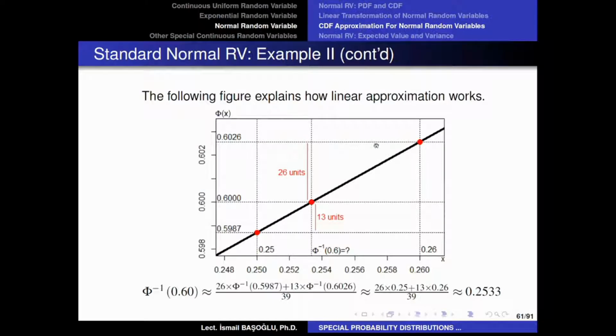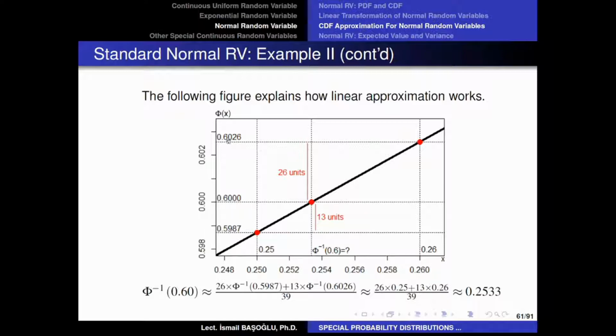Now, you can see this picture to understand this better. So at 0.25, the CDF is equal to 0.5987. At 0.26, the CDF is equal to 0.6026. And I am looking for the x value for which the CDF is equal to 0.6. Now, in order to do that, I need to apply linear approximation in the inverse perspective.